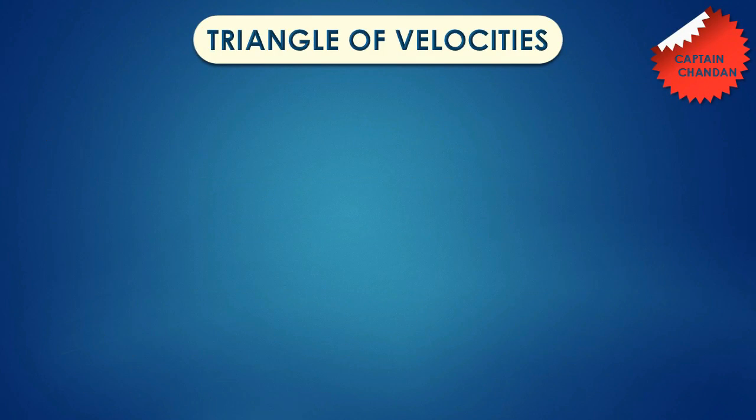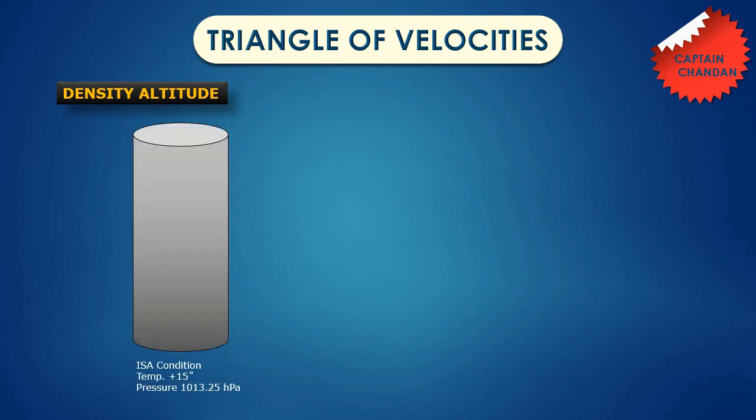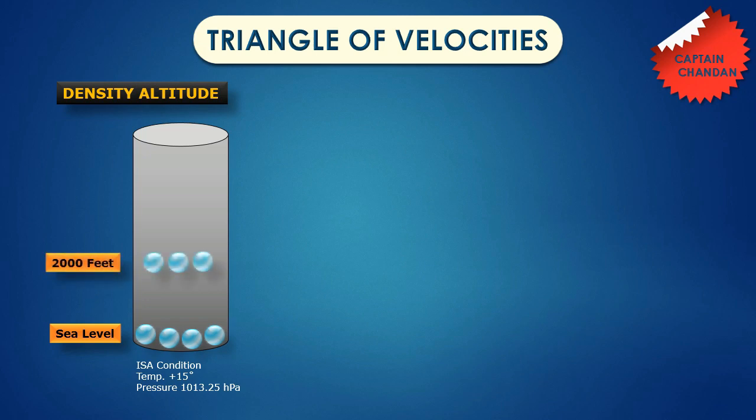We'll look at density altitude in detail. Suppose we take one cylinder in ISA condition: temperature is 15 degrees and pressure is 1013.25 hectopascals. At sea level there are 4 molecules of density. If you climb, the density will decrease. At 2000 feet there will be only 3 molecules.